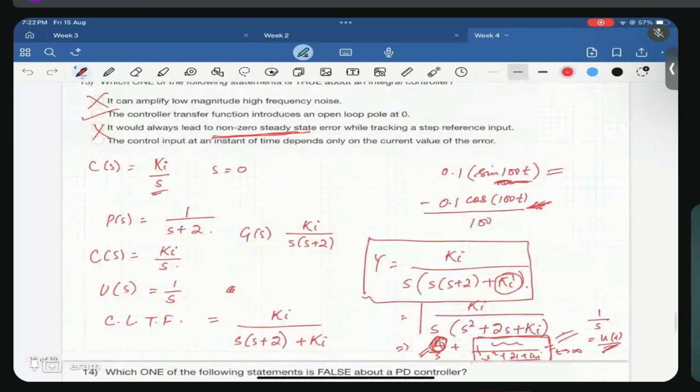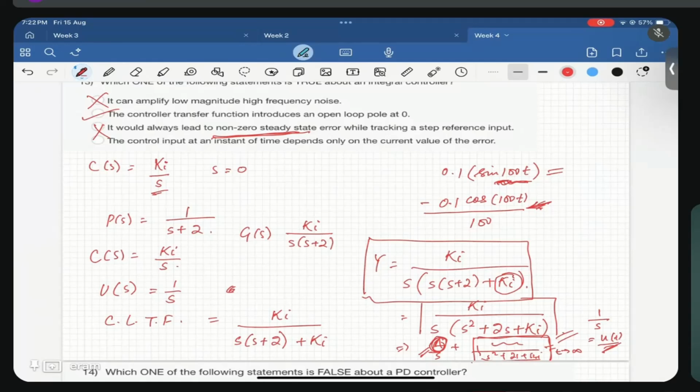You can do the partial fraction of this one, then you will have terms like ki by s plus some numerator divided by this term, okay?